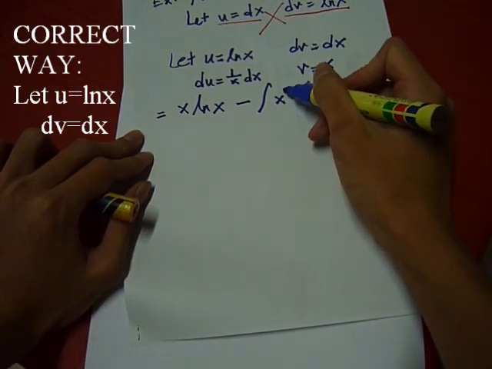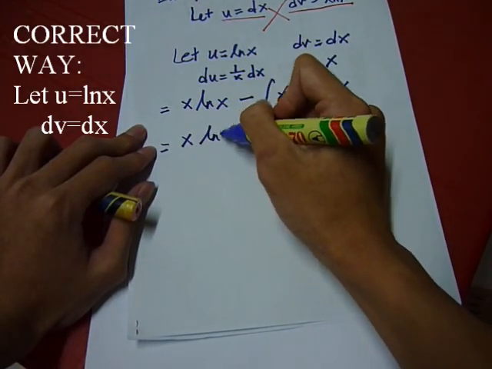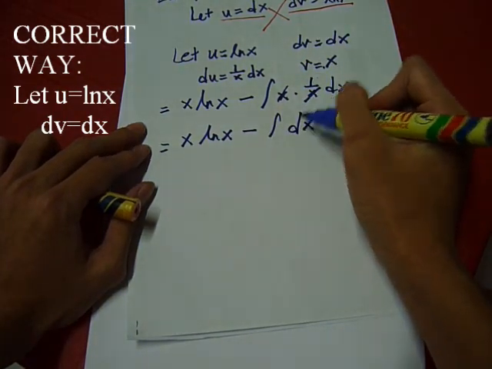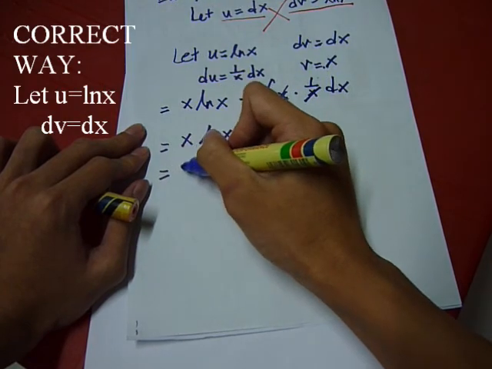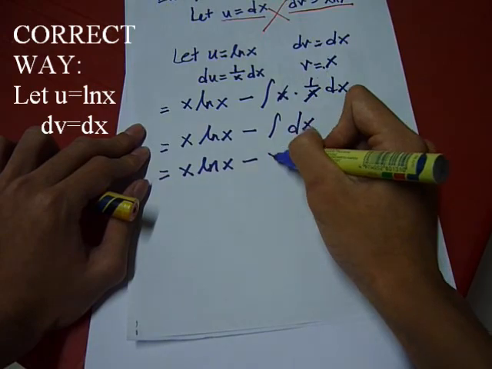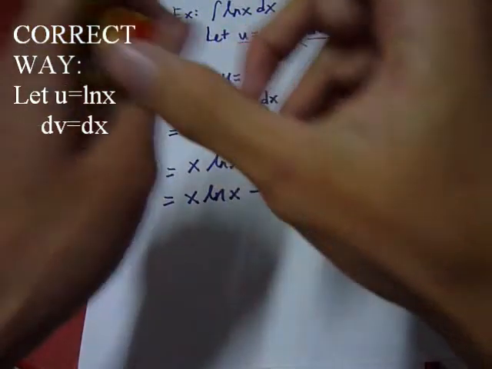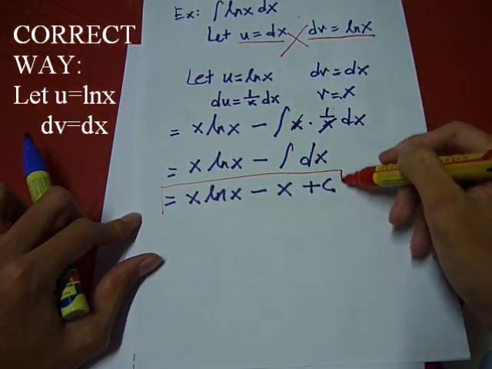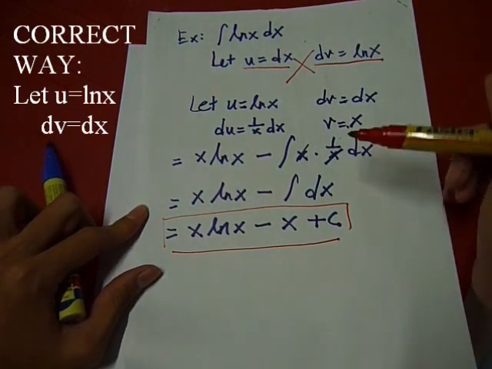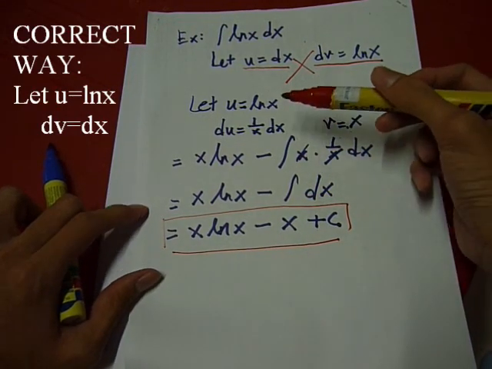We can cancel the x here and it will become x ln x minus integration dx, which gives us the final answer of x ln x minus x plus c. And this is the answer for this question. So from this example, we know what the second rule means.